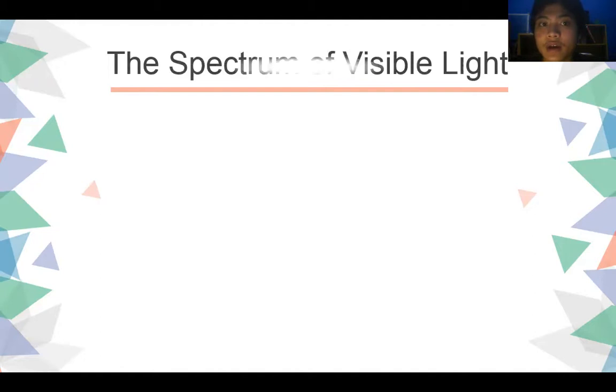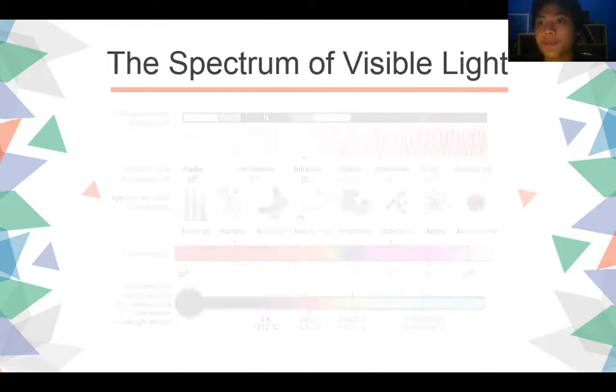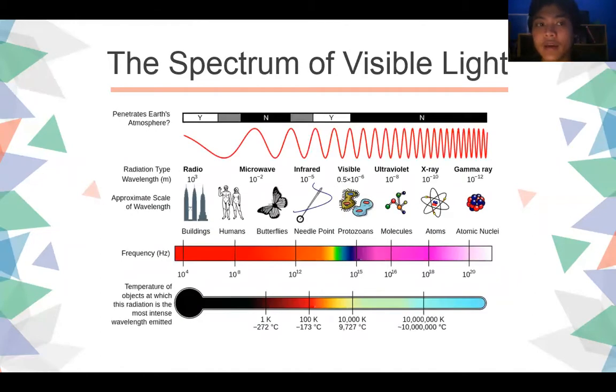The next is the spectrum of visible light. The first is penetrates Earth's atmosphere: yes or no. Next, the radiation type wavelength in matter is 0.5 times 10 to the power of minus 6. The next, approximate scale of wavelengths is protozoans.